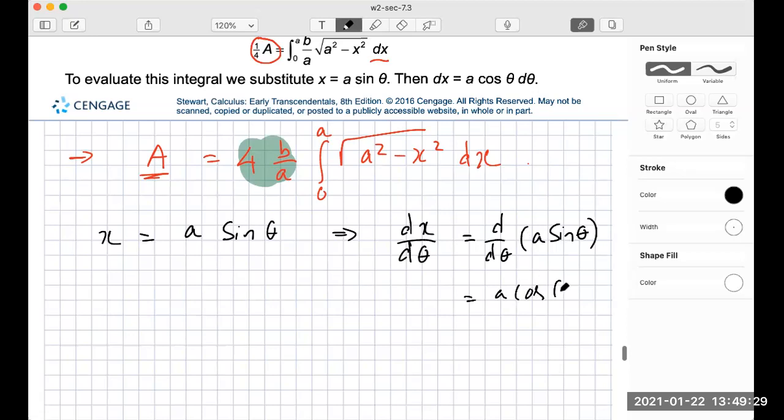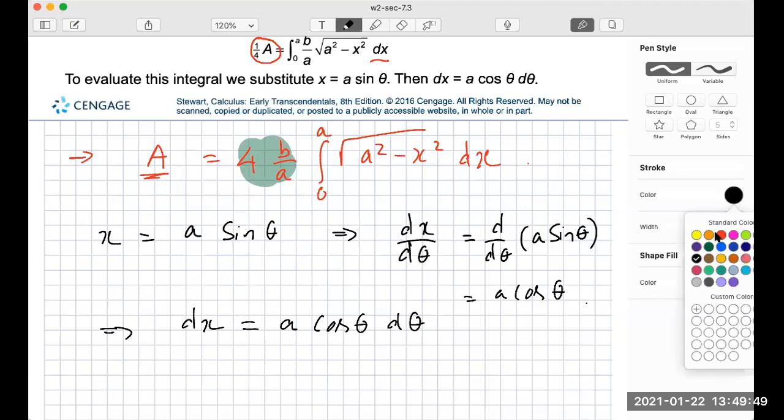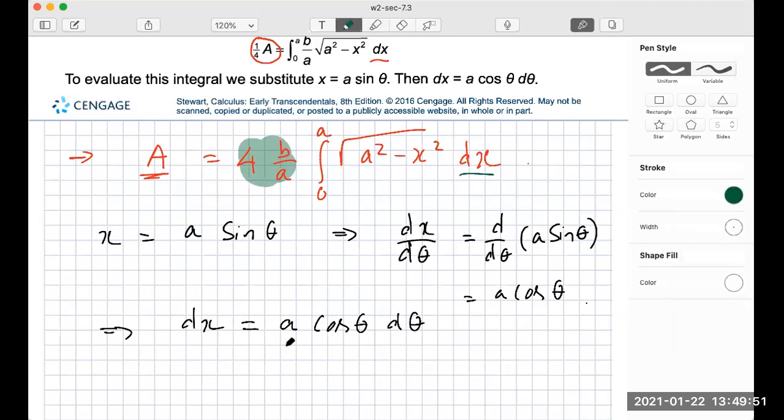Very good. So, therefore, dx will be a cosine theta d theta. Now, we know the relation between dx and d theta already. Very good. What should we do next?